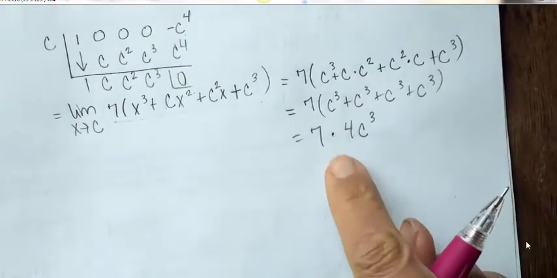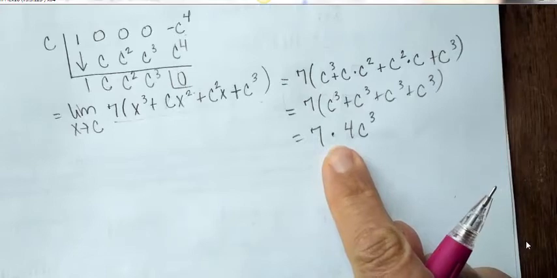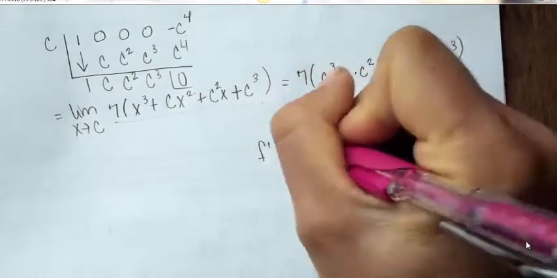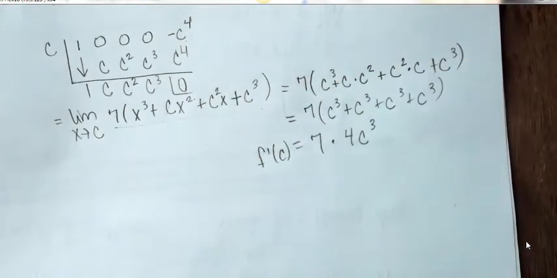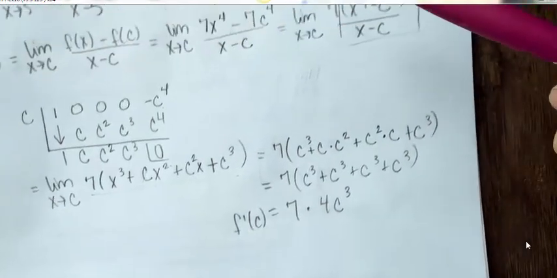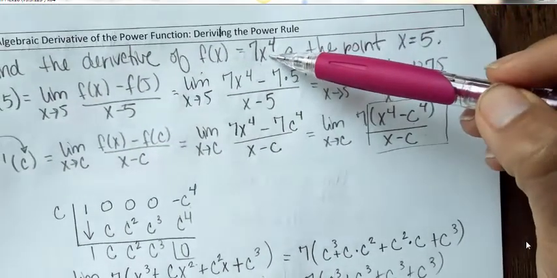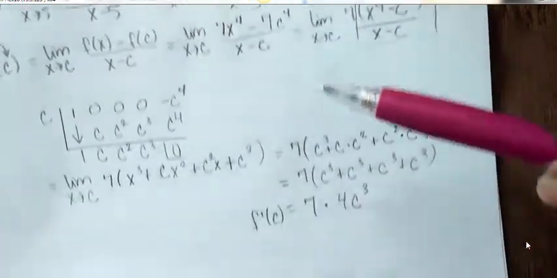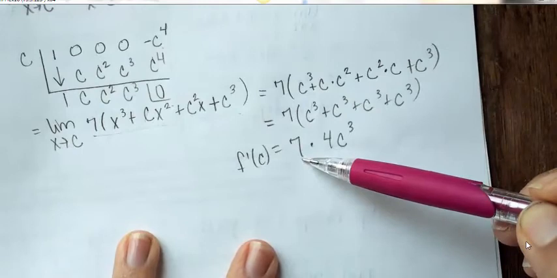Now let's relate this to what my original function was. Because this right here, this is f prime of c, right? So if I took, for example, this right here, notice my 7 is still part of this.